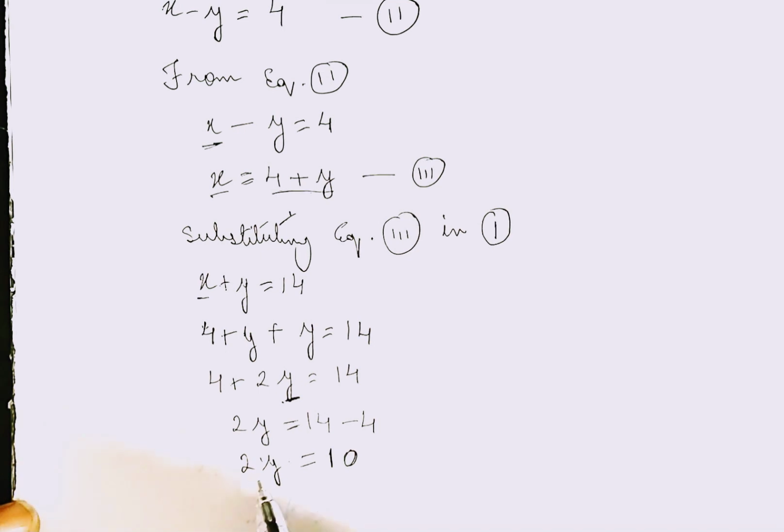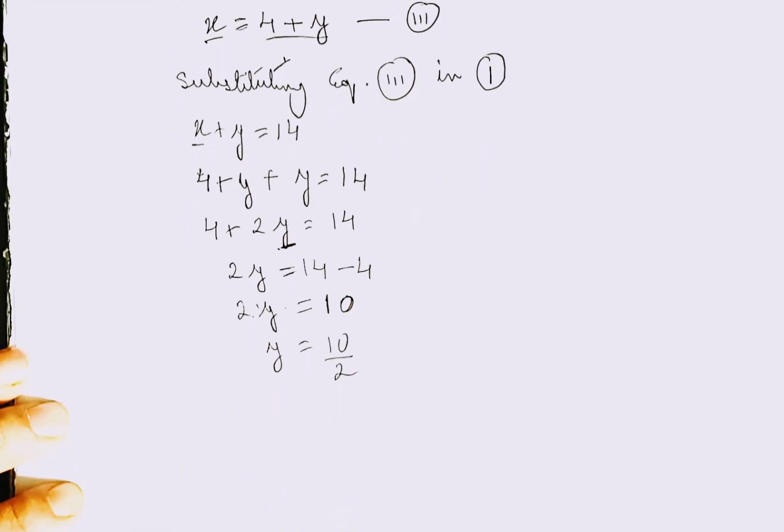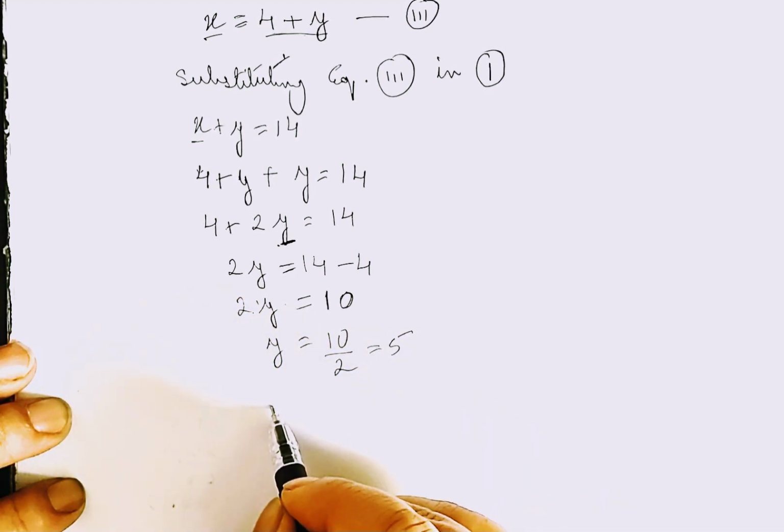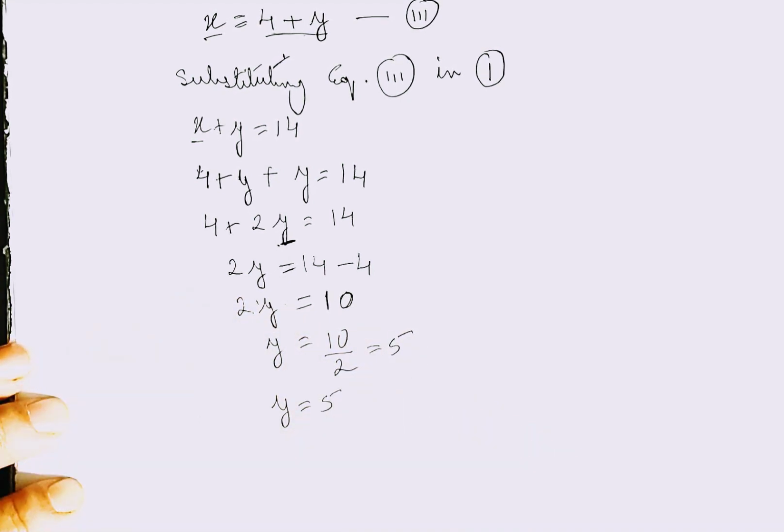As it is 2 into y, when we bring this 2 on the right hand side, it is in the multiplication position, so it becomes divided by 2. Now 10 divided by 2 is equal to 5.